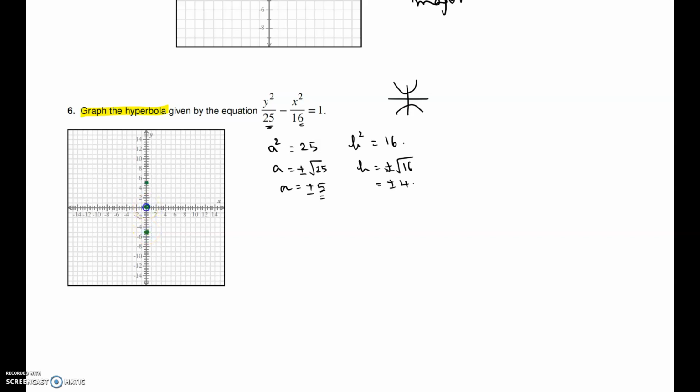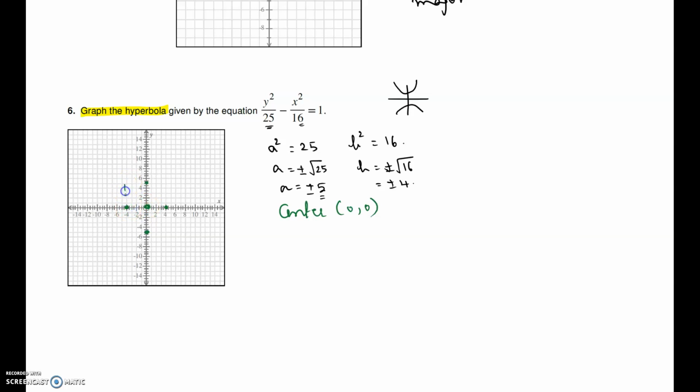Here obviously the center is at the origin. The center of the hyperbola is at the origin. Then you have to move 4 units, which came from 16, which is right under x. So you have to move 4 units along the x direction, and 4 to the left of the origin.